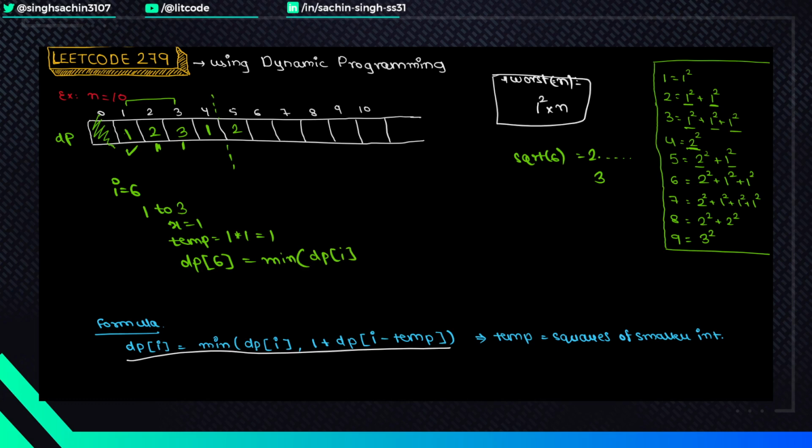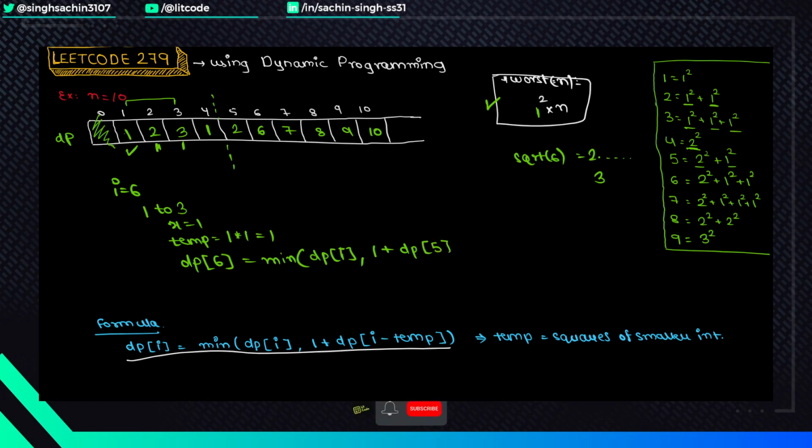Also, what you can do, you can initialize every index with the value itself. For example, I can do this, because as we saw, the worst case scenario is having the sum of ones n number of times. So this is it, and we have 1 plus dp of i minus temp. So my temp was 1 and i is 6, right? So can I write 6 minus 1, which will be 5.